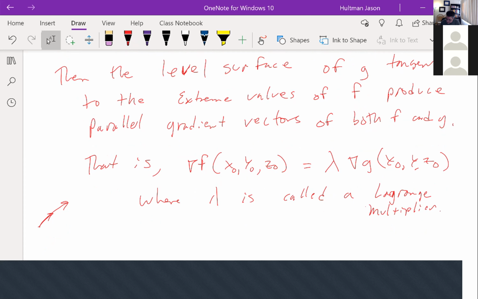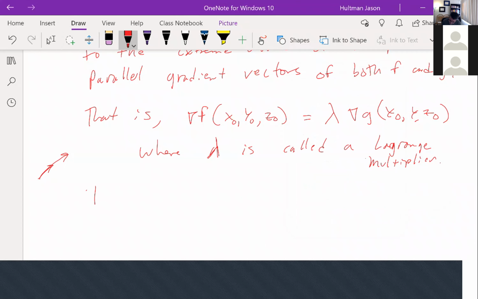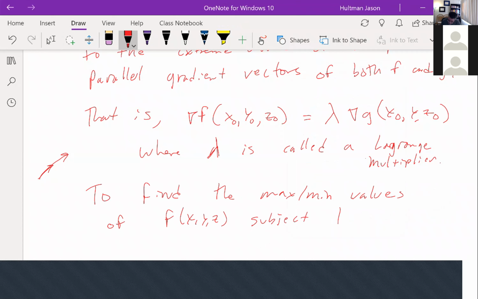So find out what lambda is or eliminate it altogether, to find the maximum and minimum values of f of x, y, z, subject to the constraint.